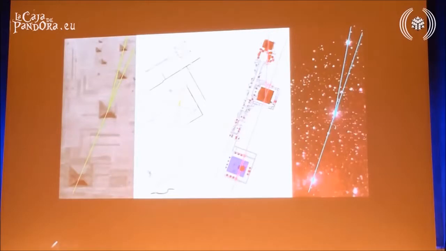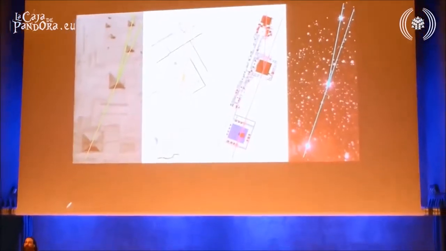This is Titicaca, the Sun Pyramid, the Moon Pyramid, and another one there at the Way of the Dead. They all line up nicely in the same way. And that lineup is the same lineup that you find for the belt of Orion. This is the stars of the belt of Orion. Now, these things are worlds apart. You think that's a coincidence?